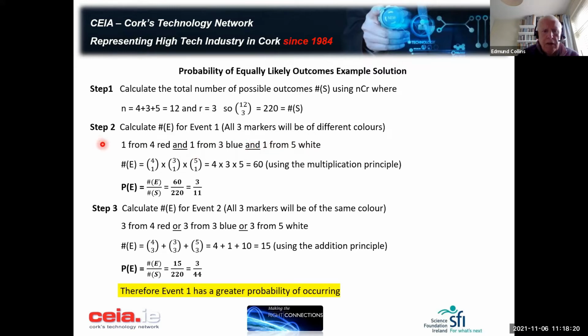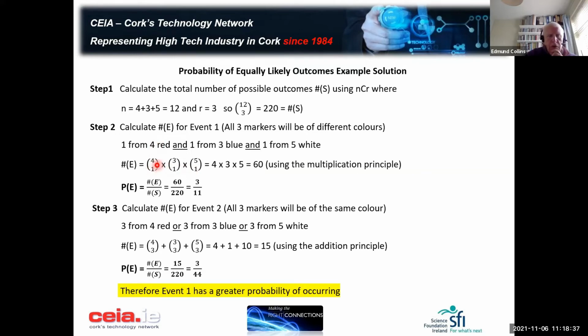So again, the and, by writing it out here, indicates that we're into multiplication principle territory. So for the probability of that event, we multiply each of the NCRs out.